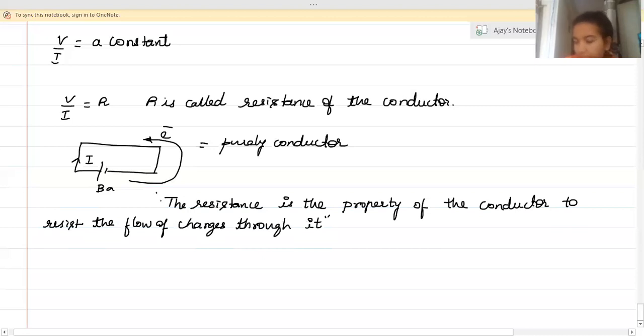So resistance is nothing but a property of the conductor to resist the flow of charges through it.